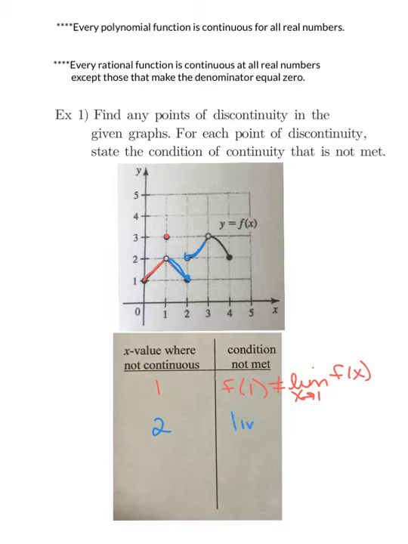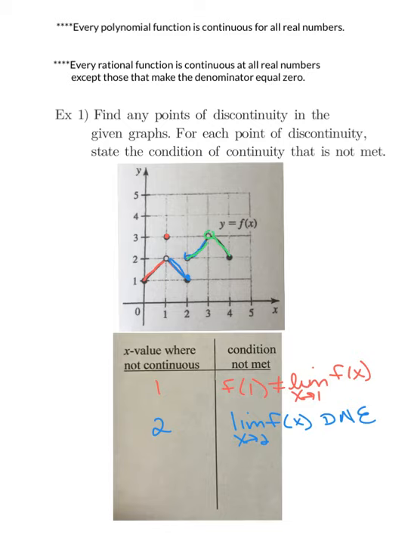The limit as x approaches 2 for this function does not exist. So now we know that we are not continuous at 2. If we continue tracing this thing, we would get up here to 3, have to pick up our pencil to make the open circle, and then continue to the end of the function.